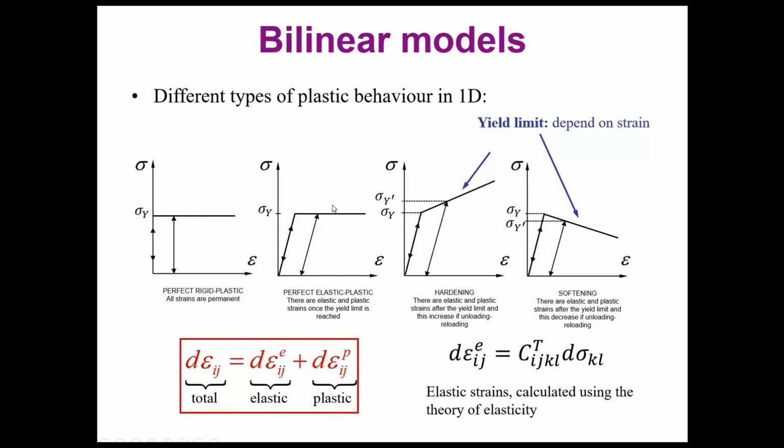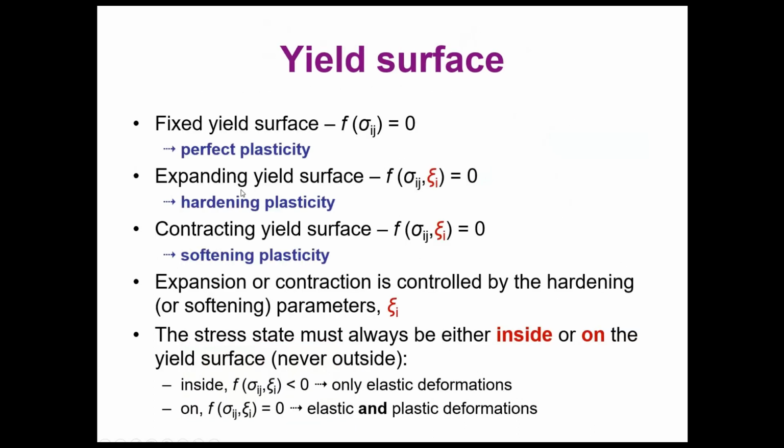When you have hardening or softening, in those cases, if you generalize the concept to the three-dimensional space, you will need to define a yield surface with extra parameters, and the number of parameters will depend on the complexity of your model, in order to control the hardening or the softening of your yield surface, which will be expanding or contracting. This is why here we express this as a general vector epsilon i.